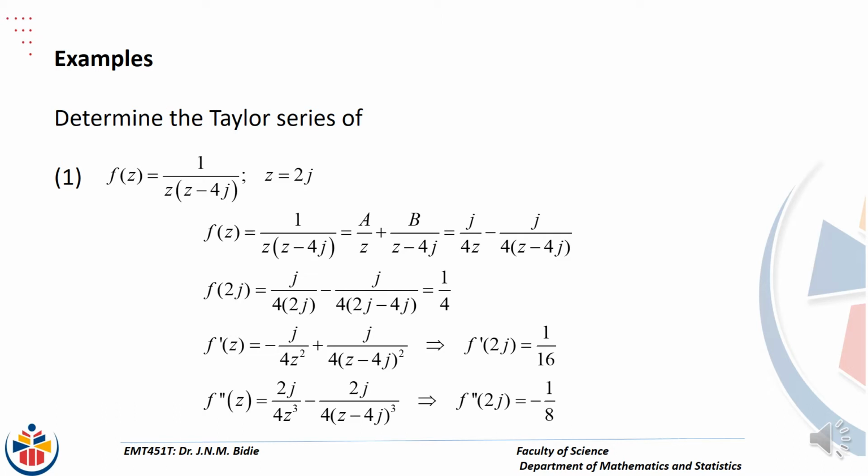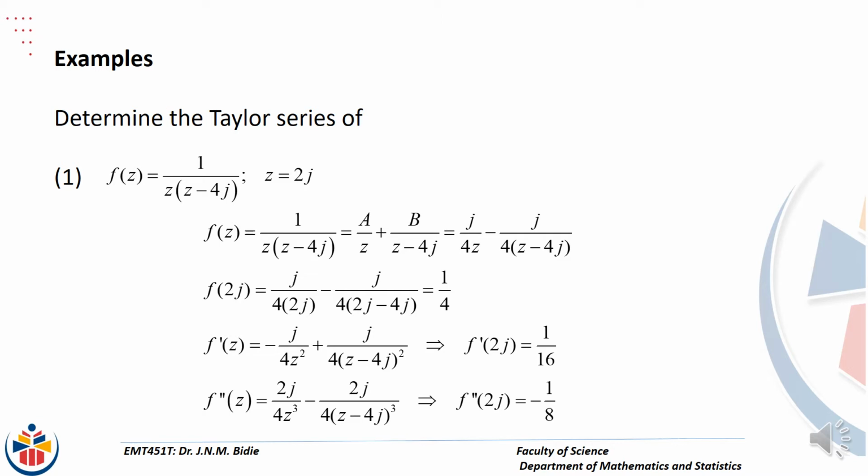So we got a equal to j over 4, and then for b, negative j over 4. And then remember, the first term of our Taylor series is f of z naught. So we substitute into our f of 2j, and then we simplify.